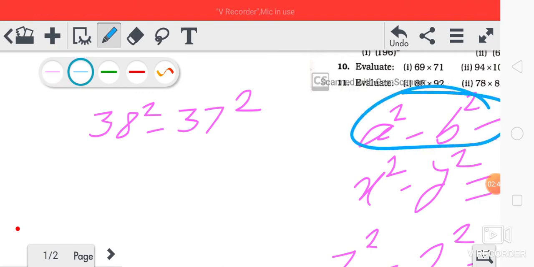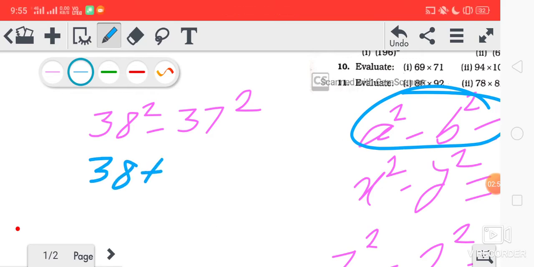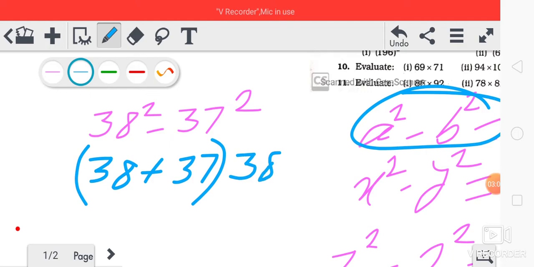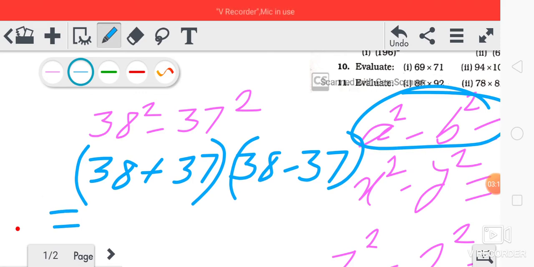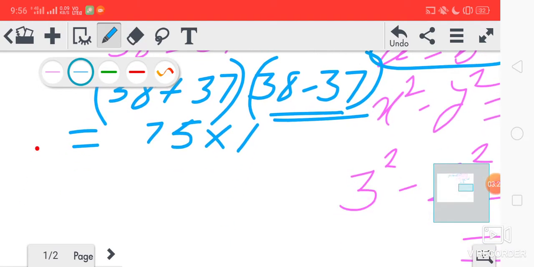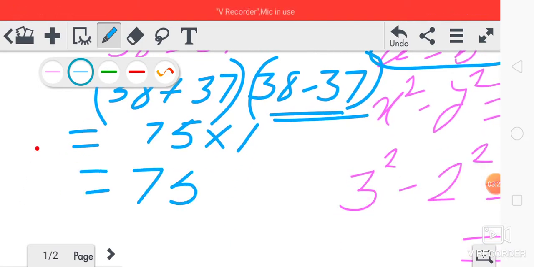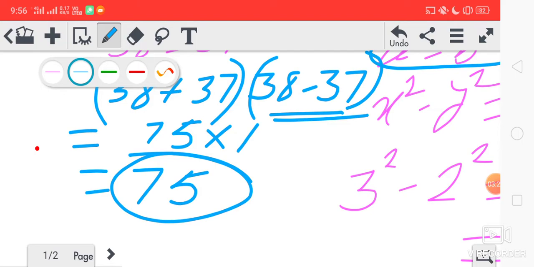So in the same way, 38 square minus 37 square means 38 plus 37 into 38 minus 37. Now 38 plus 37 gives 75, and 38 minus 37 gives 1. So 75 into 1, overall the answer is 75. Have you got it?